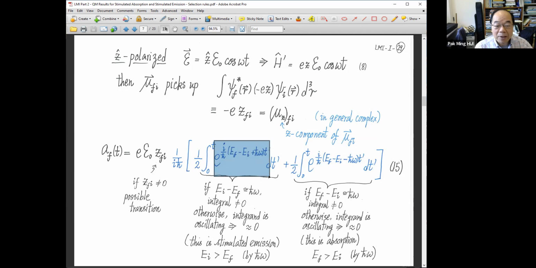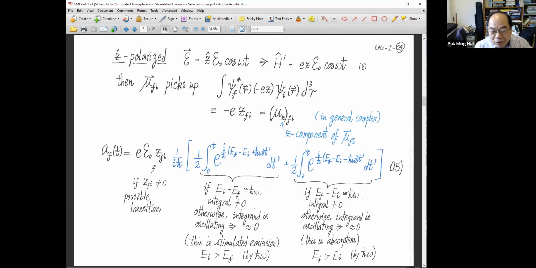All right, so let me summarize. For the first term, only if the exponential thing is 0, that means initial minus final is the incident h bar omega, except this particular case. Otherwise, this term is 0. Okay?